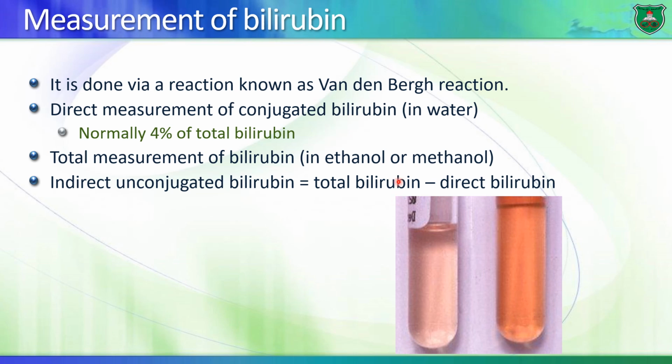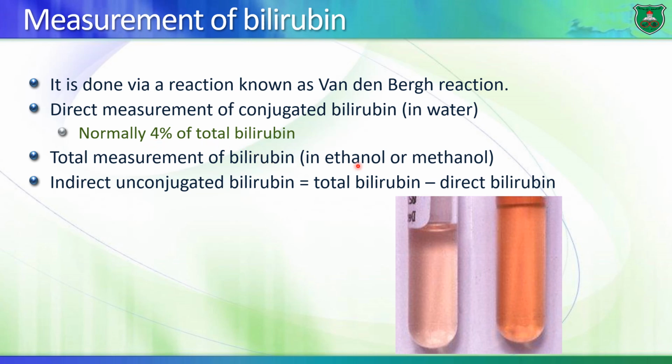Now, if it is done in water, then it allows for the measurement of conjugated bilirubin, the hydrophilic bilirubin. And this is known as the direct bilirubin. And it constitutes only 4% of total bilirubin.